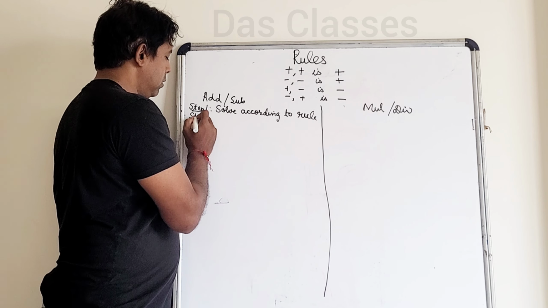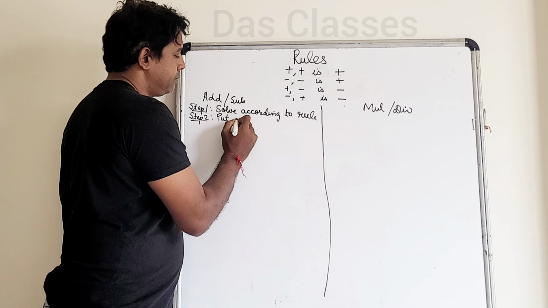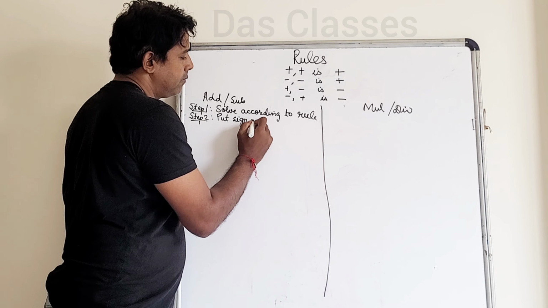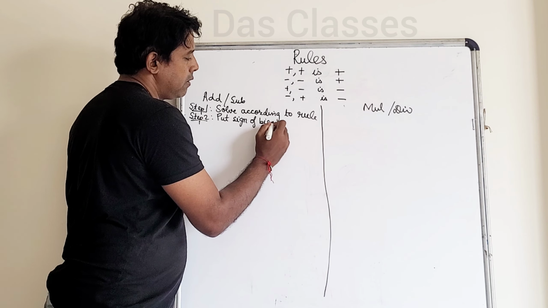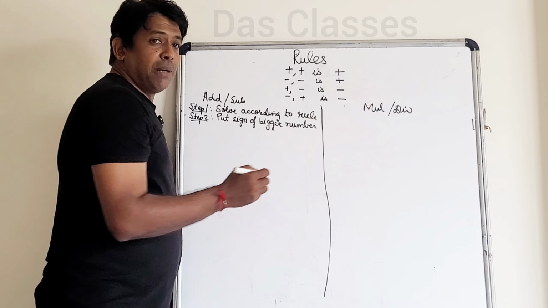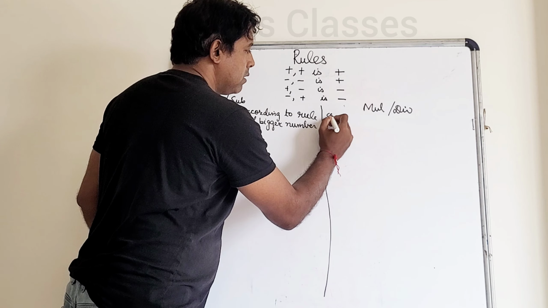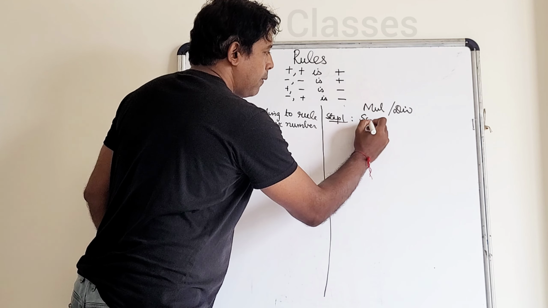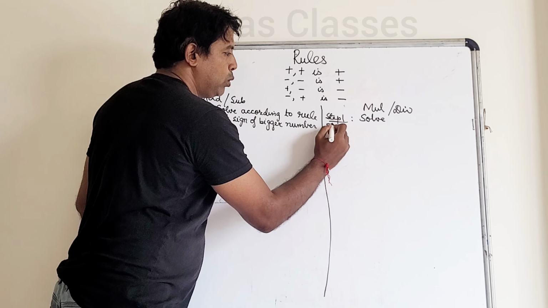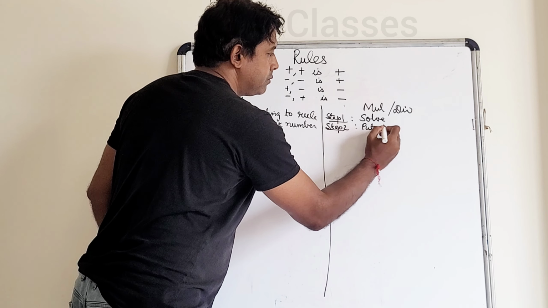And step 2, put sign of bigger number. While in case of multiplication and division, step 1 is solve, and step 2, put sign according to rule.